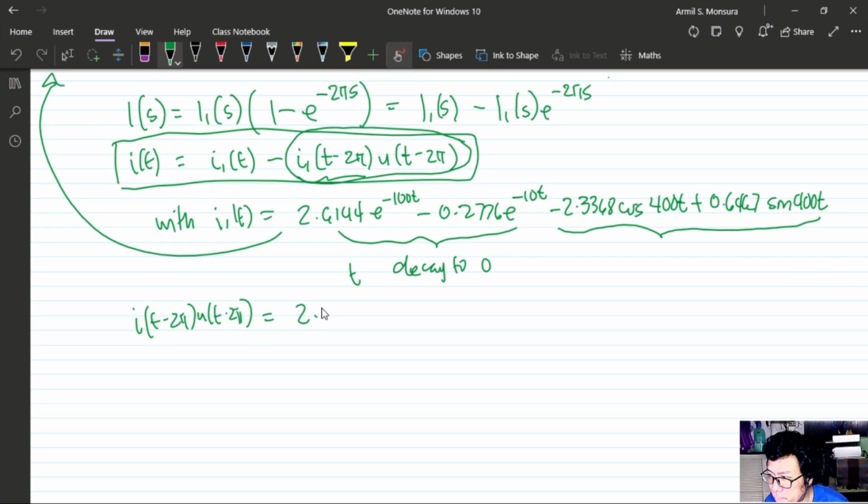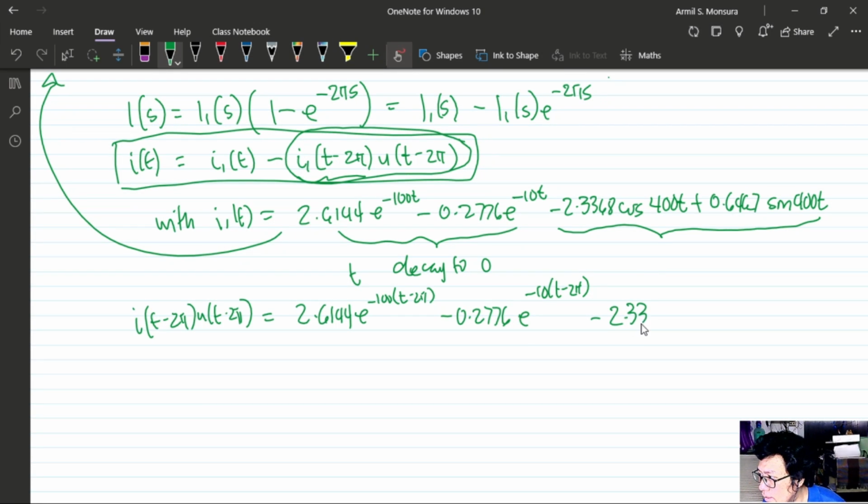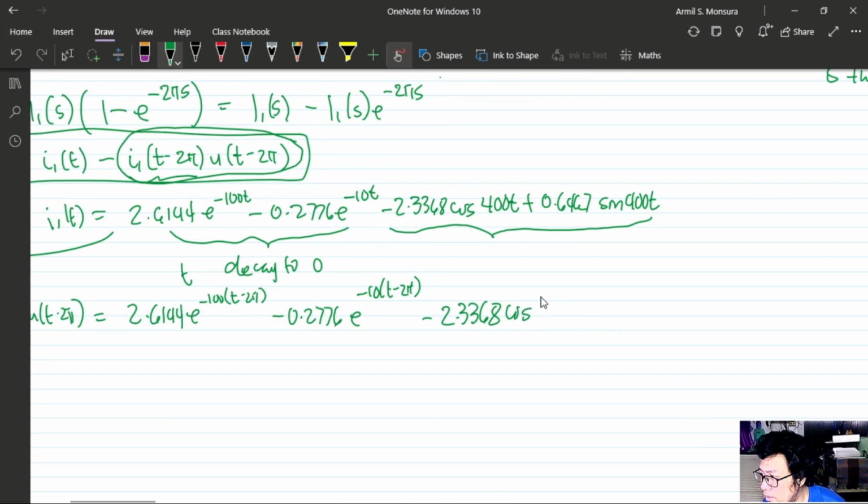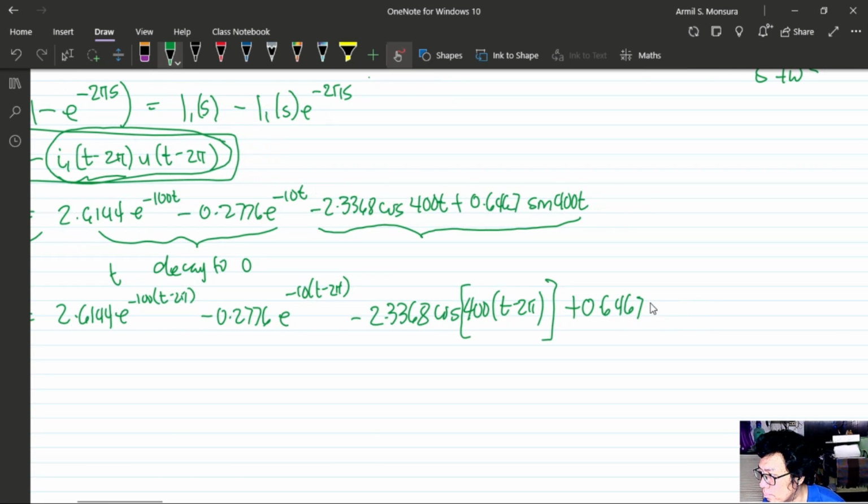So magiging ganito yan: 2.6144 e raised to negative 100 times t minus 2 pi, minus 0.2776 e raised to negative 10 times t minus 2 pi, minus 2.3368 cosine of 400 times t minus 2 pi, plus 0.6467 sine of 400 times t minus 2 pi.